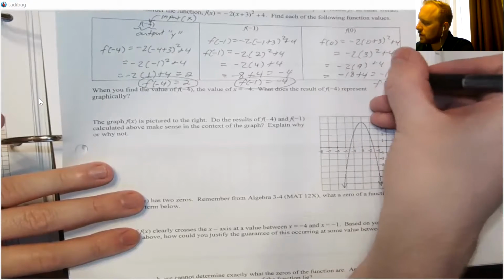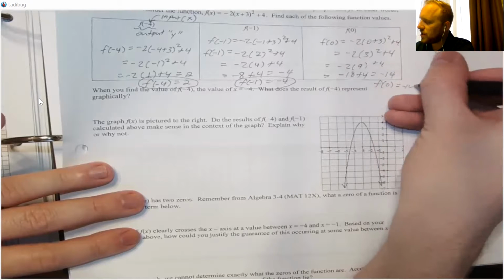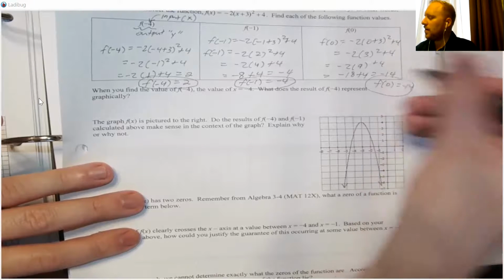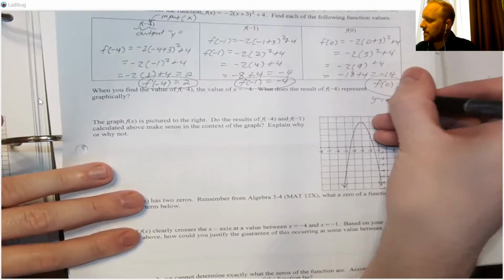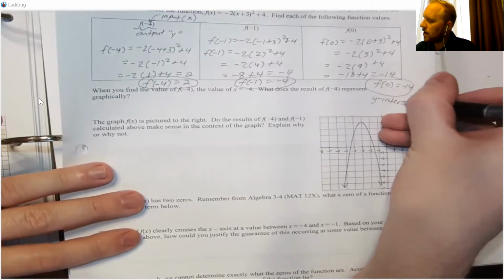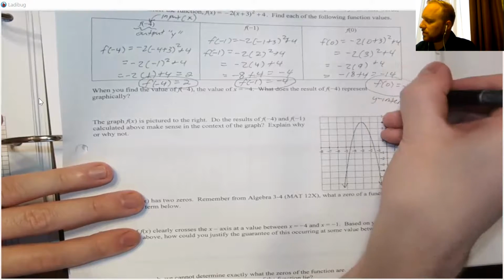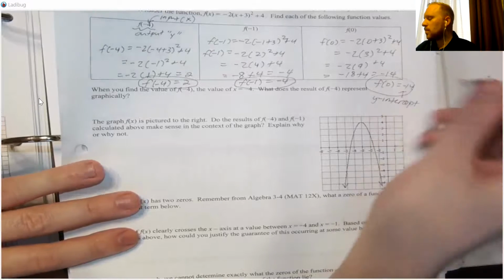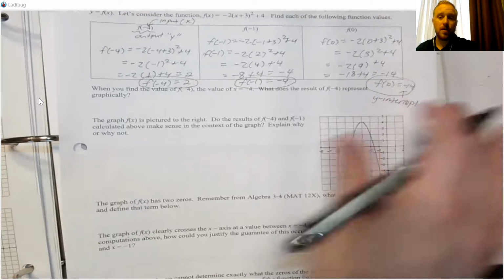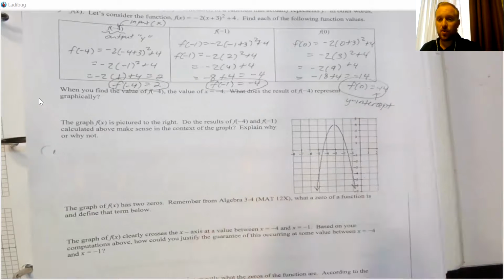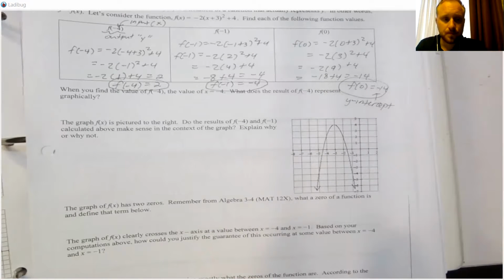So f of 0 is equal to negative 14. Now this right here is a y-intercept. It's the value of y when x is 0. So when x is 0, y is negative 14. So this is where it's going to cross the y-axis.